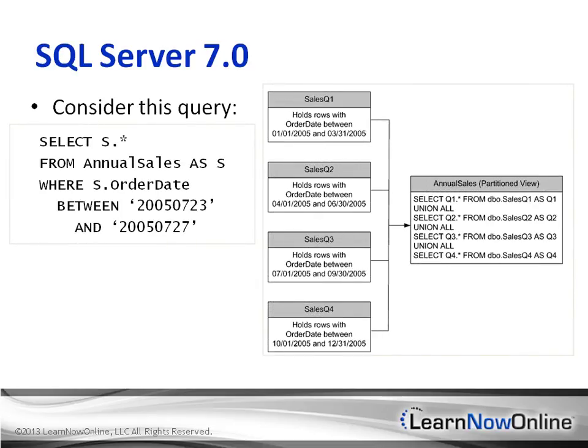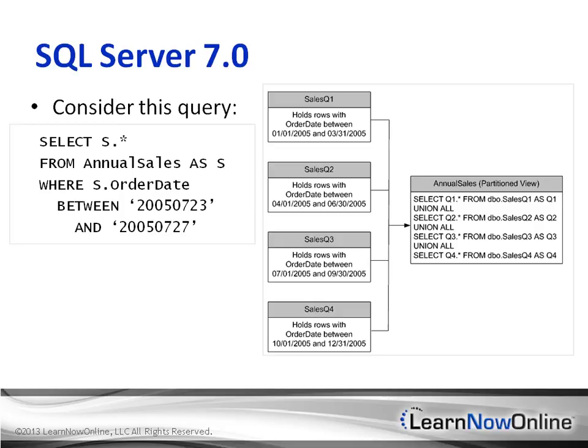So let's take an example. Here we're going to select all the rows from the annual sales where the order date is between July 23rd and July 27th of 2005. That is our query. We're going to look at our entire set of data to do that. Underneath, we have 4 tables representing each individual quarter.